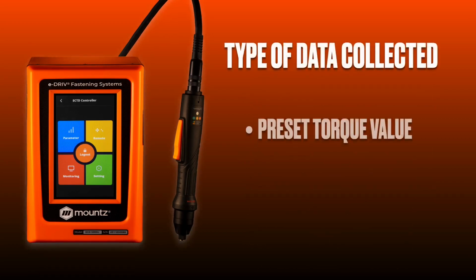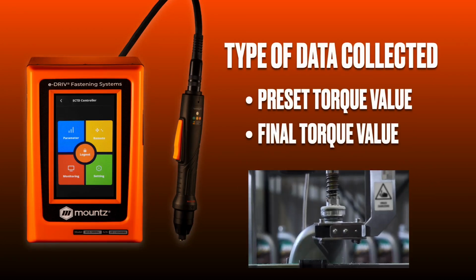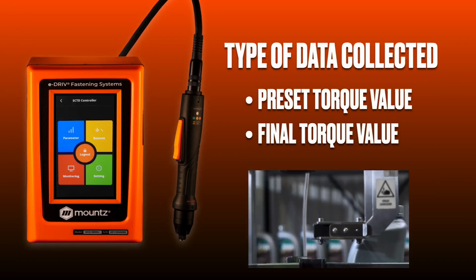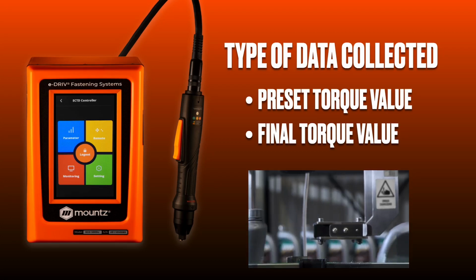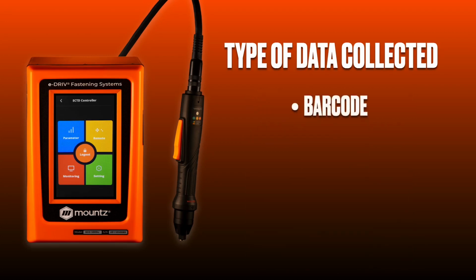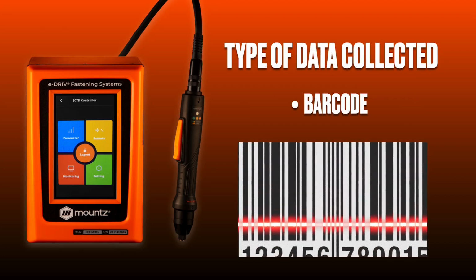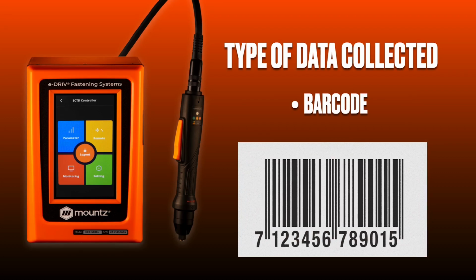So what type of data are we collecting? So you're going to see the preset torque that you're looking at, what that value is. And then you're also going to see what the final torque value was given in there. You're also going to be looking at the ability to add a barcode into the data field for a specific fastening.